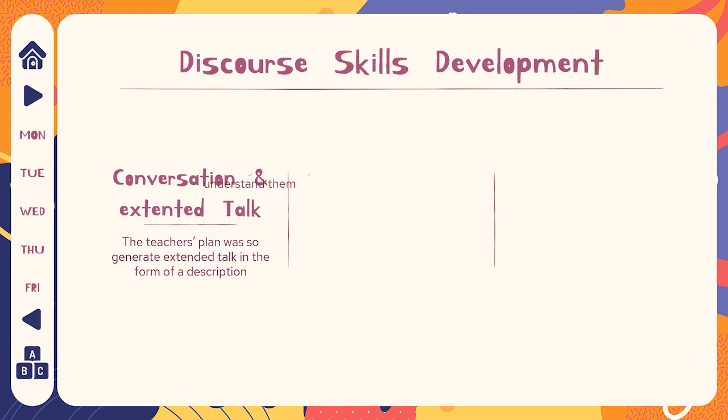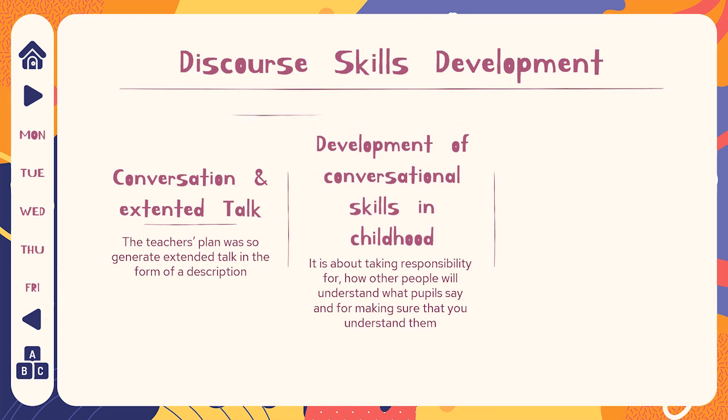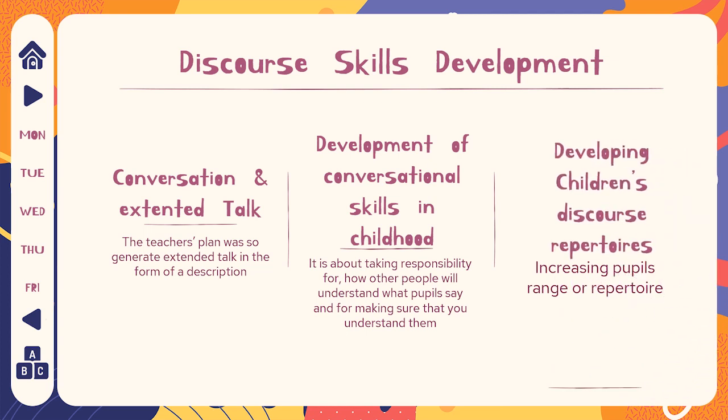The second is the development of conversational skills in childhood. It is about taking responsibility for how other people will understand what you say and for making sure that you understand them.